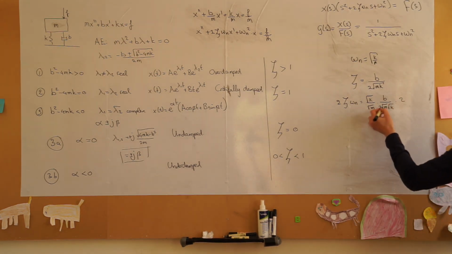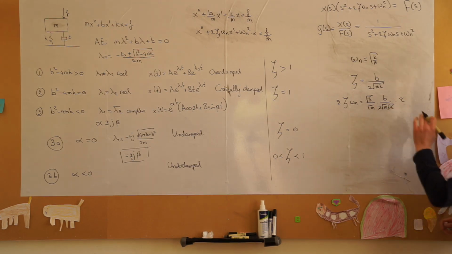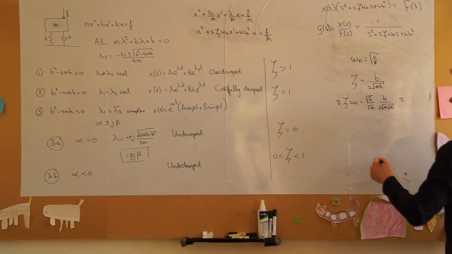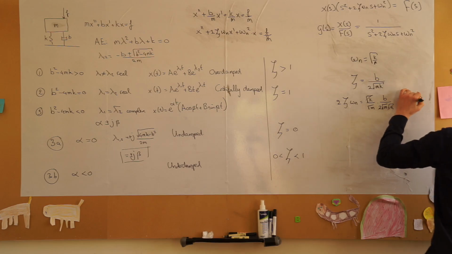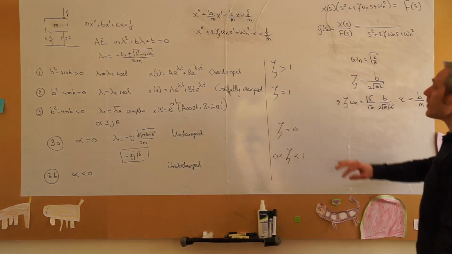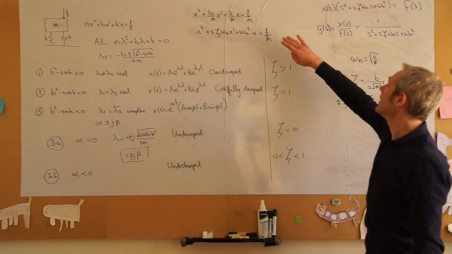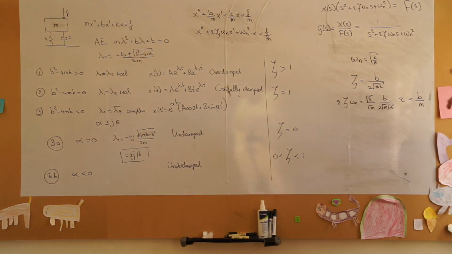So this 2 cancels out, the square root of k cancels out, and the square root of m times itself is equal to m, so this is equal to b over m. So I can really write it like that, but I'm more interested in the transfer function.